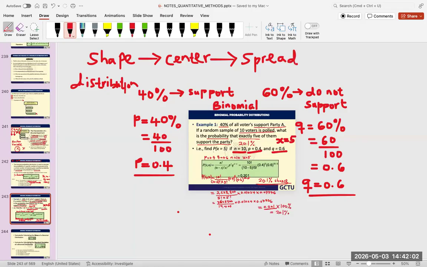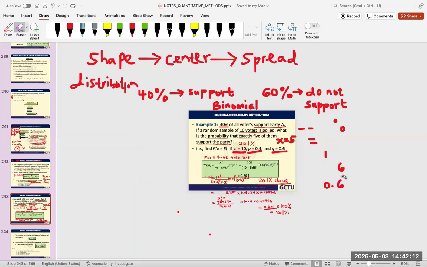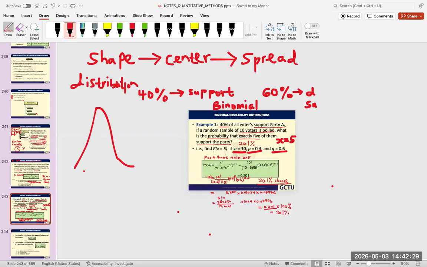So to take you back one more time, if you remember when we started with the frequency distribution, we were able to find the shape of the distribution. We had leptokurtic shape.